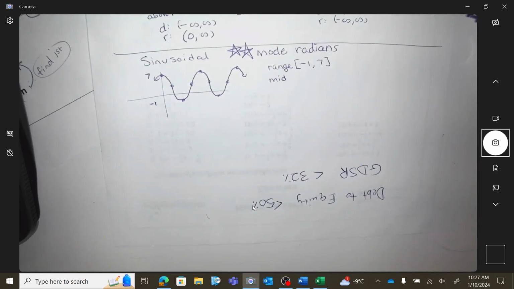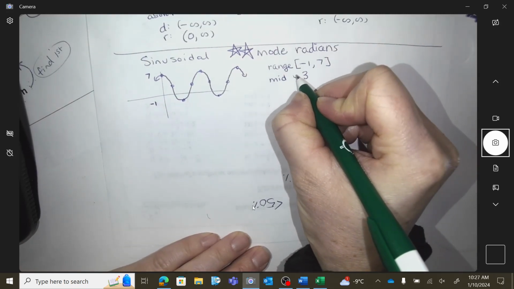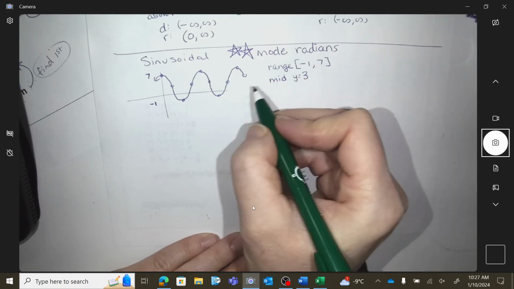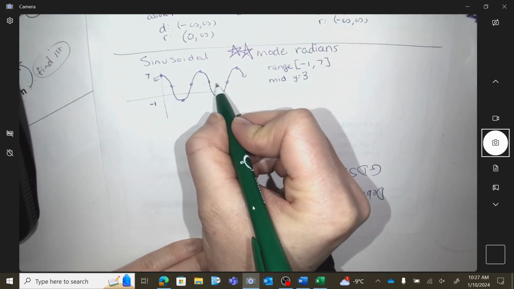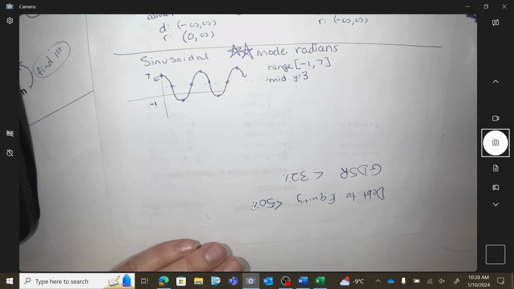What's in the middle then? What's the middle height of all this? 3? Is that what you said? That's where I'm getting it from. What's in the middle?